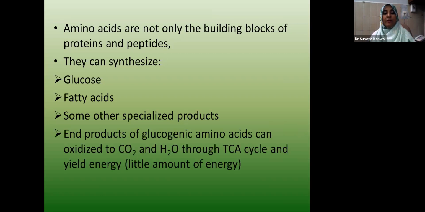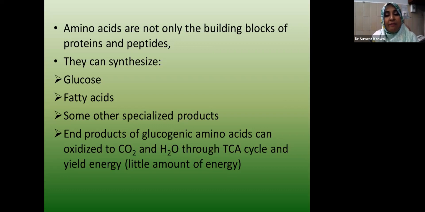End products of glucogenic amino acids can be oxidized to carbon dioxide and water through the TCA cycle and yield a small amount of energy. The basic function of proteins and amino acids is not to give energy, as carbohydrates, glucose, and fats do.